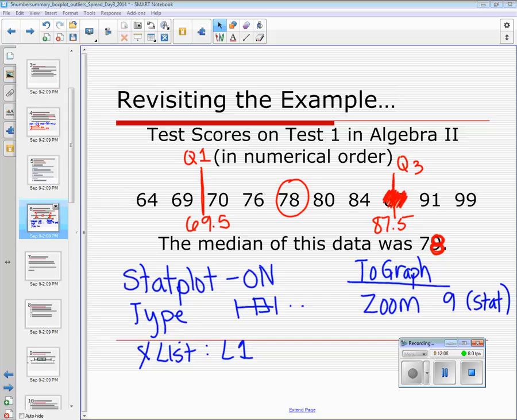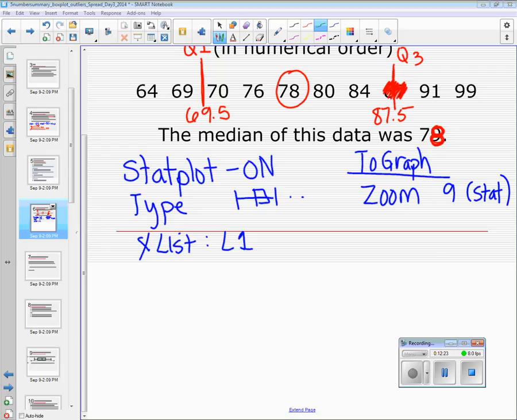The second thing is, wouldn't it be nice if the 5-number summary showed up here? It actually does. I can show you how to do that. To find the 5-number summary after you graph, all you have to hit is the trace key. So once it's graphed, if you hit trace, notice it pops up on the minimum value.